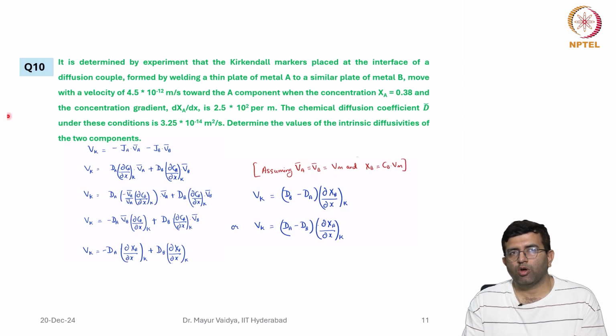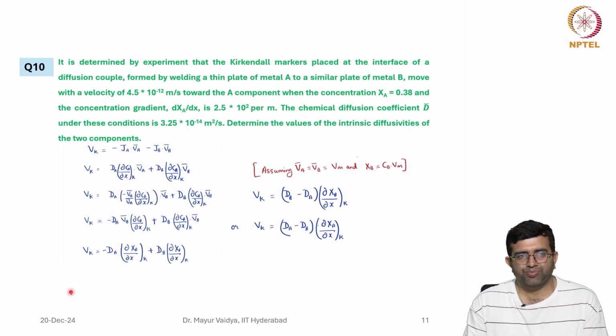So the partial molar volumes are equal and therefore are written as Vm, and we know that XB is equal to CB times Vm. So the product CB into Vm can be written as XB. Therefore, we get this relation: Vk is equal to DB minus DA into dXB/dx at the Kirkendall marker plane. If you want to express in terms of XA, you can write Vk is equal to DA minus DB into dXA/dx at the Kirkendall marker plane.